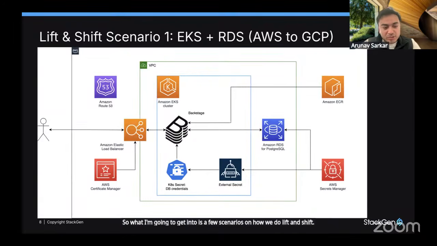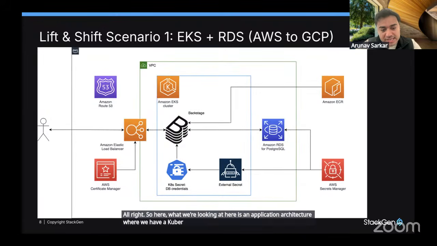So here, what we're looking at is an application architecture where we have a Kubernetes cluster running on EKS. Within this cluster, we're running Backstage, a few other applications. That part doesn't matter. And within this cluster, we are loading in secrets from AWS Secrets Manager.